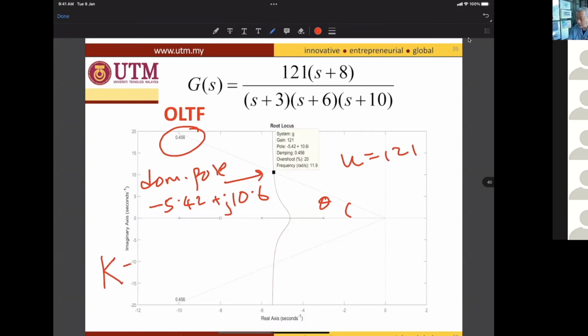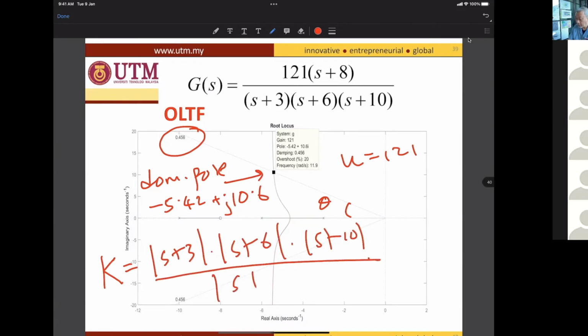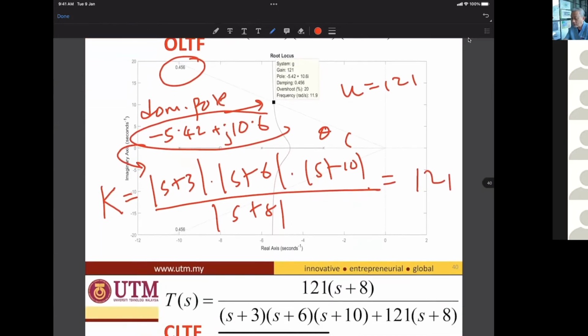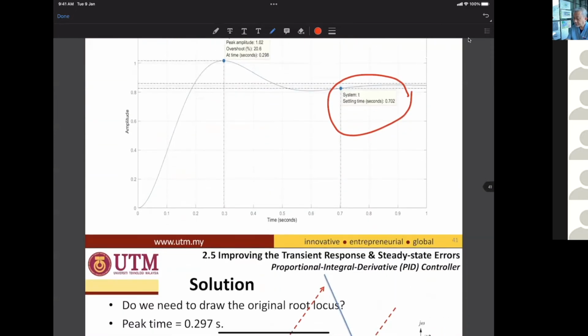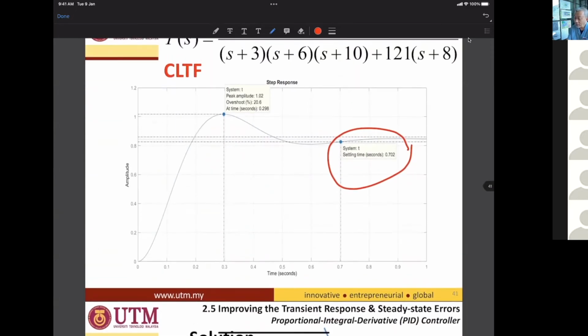Okay, like this: K(S + 8)/((S + 3)(S + 6)(S + 10)). So you insert this value inside here, then you will get 121, the value of the gain. And the time response of the closed loop is 0.702 for settling time. And for the peak time is 0.298, which is 0.3 second lah.